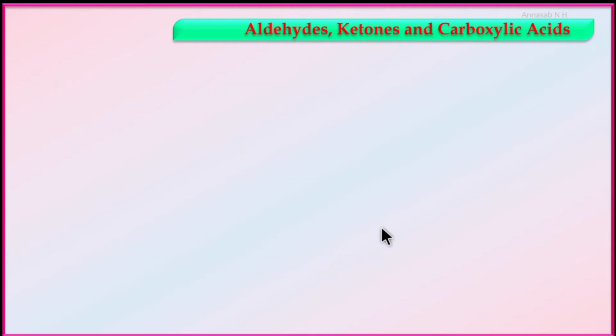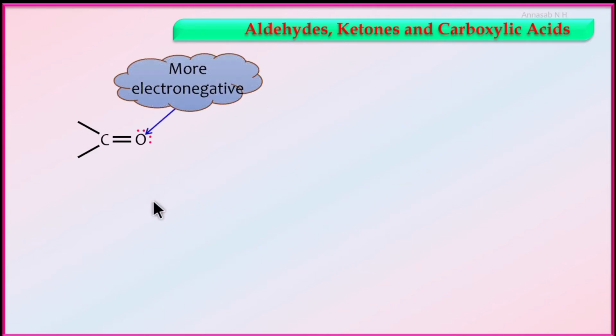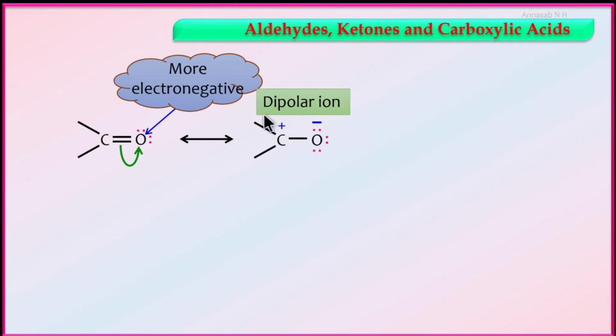Moving further, in this C double bond O, oxygen is more electronegative than carbon, which always tends to withdraw the bonded pair of electrons towards itself, leading to the formation of resonating structures. Here the bonded pair of electrons is moved towards the oxygen atom. As oxygen gains the electron, it gets a negative charge. Carbon by the loss of electron gets a positive charge. As there is a formation of 2 opposite charges, it forms a dipolar ion.